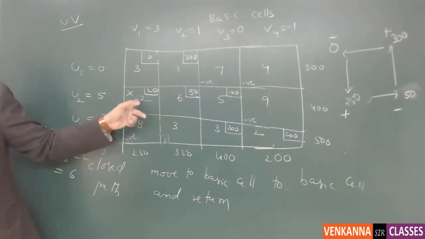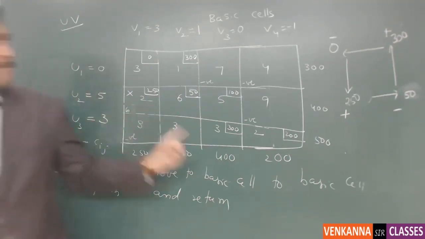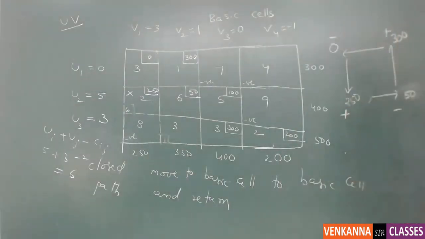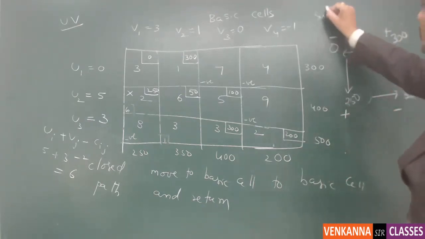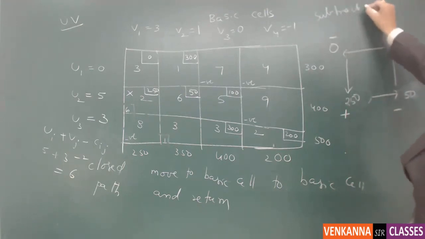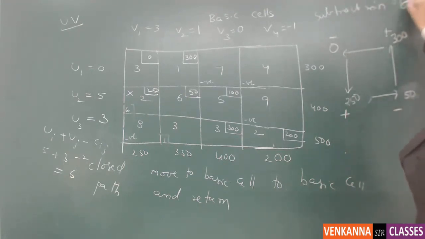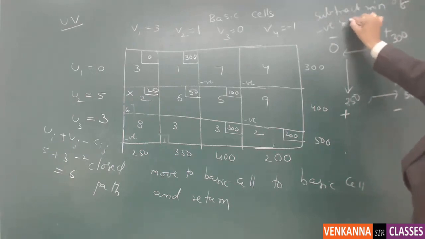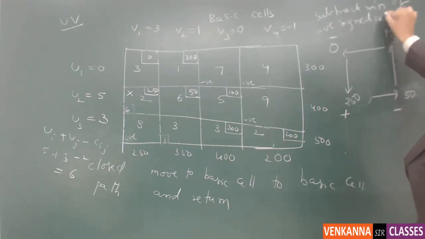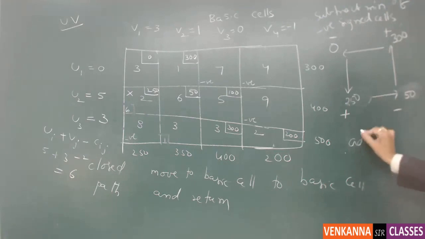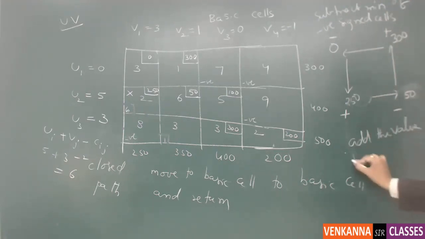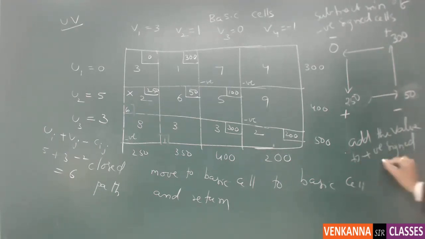It is not allocated earlier. I have made a closed path. After this, I made it the basic cell. What I am doing is: subtract the minimum of negative signed cells, and add the value to positive signed cells. This is what I did.